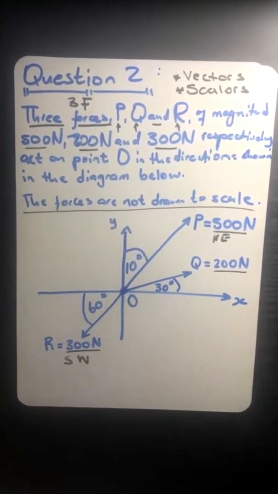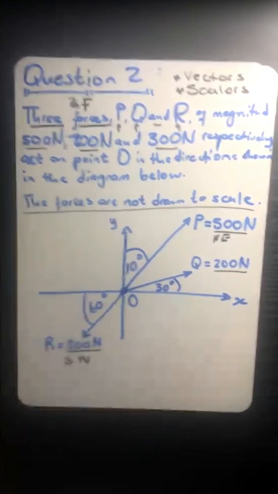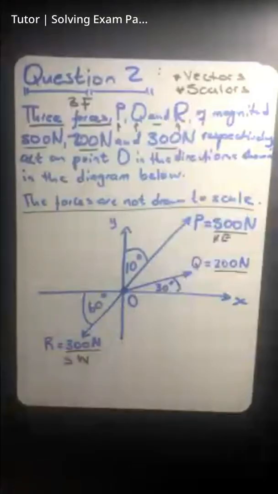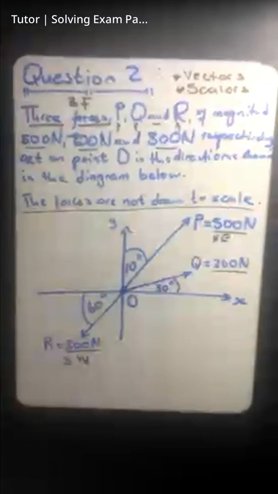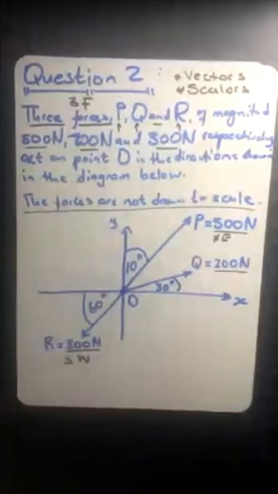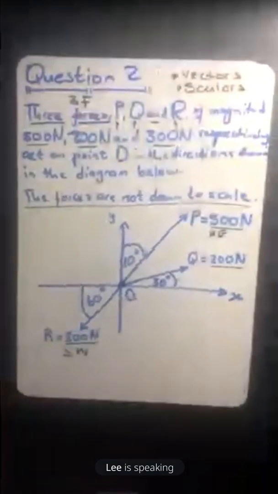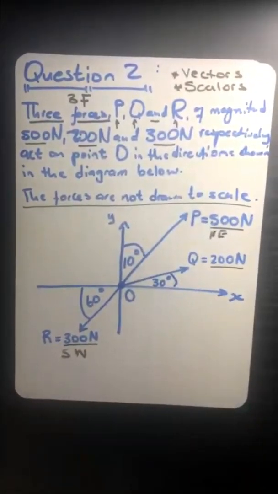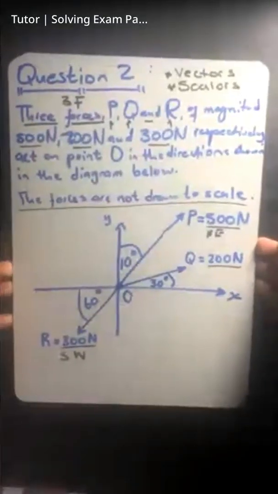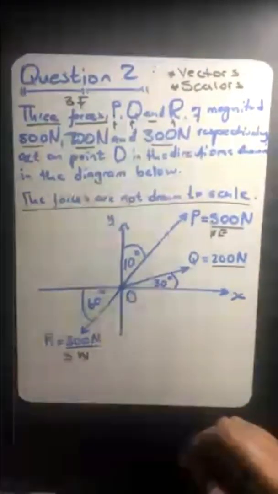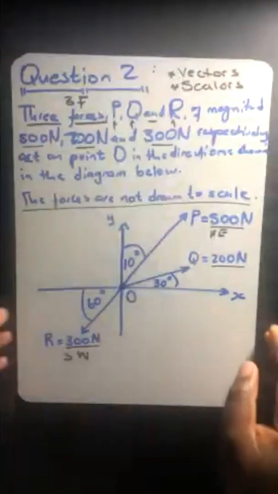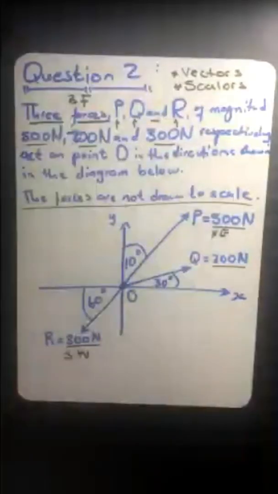Lerato, go for it. So the direction for Q is north, northeast, east. Lerato, you're saying the direction for force Q is what? It's north, northeast, east. Yes, it seems to be north, northeast, east.